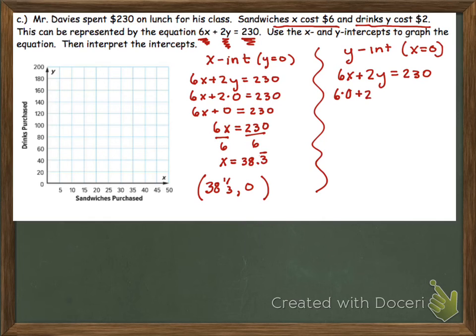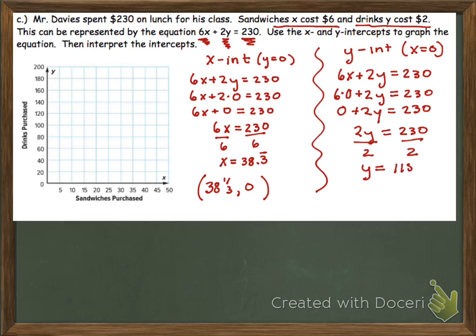The y-intercept is when x is 0. 6 times 0 would give us 0. So we end up with 2y is equal to 230. And then we're dividing by 2. And y is equal to 115. So that gives us (0, 115).